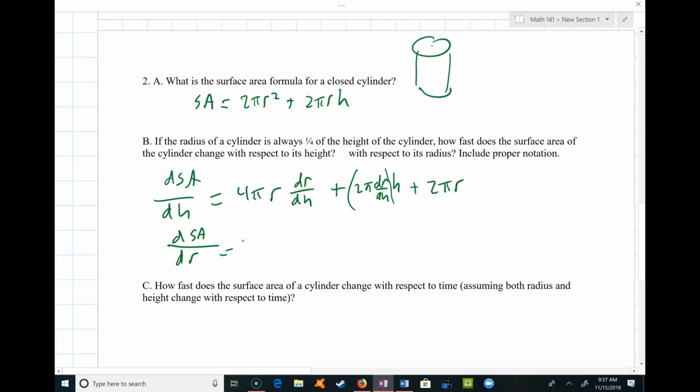Okay, now let's take the derivative of the surface area with respect to radius. You ready for that? So the first one is just going to be 4 pi r. Yeah? Because they kick out a dr, because I'm taking respect to radius now. The second one's going to be 2 pi times h, because it would be a dr there, plus 2 pi r dh dr. Yeah?